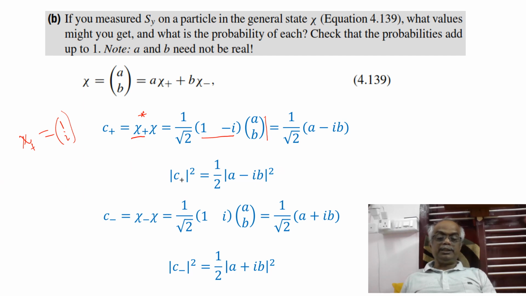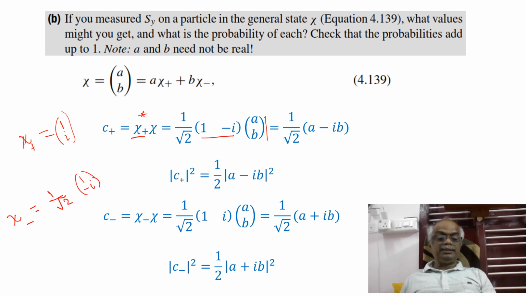Similarly, the probability amplitude for spin down you get if you multiply chi minus with chi. Just now we have seen chi minus is 1 over square root 2 times the column matrix 1, minus i.